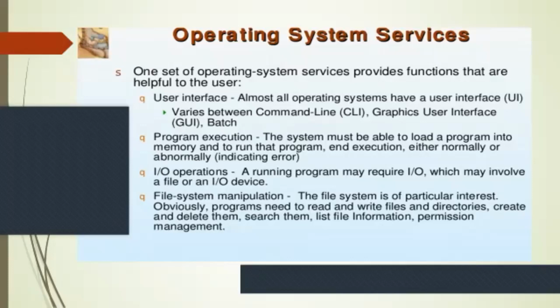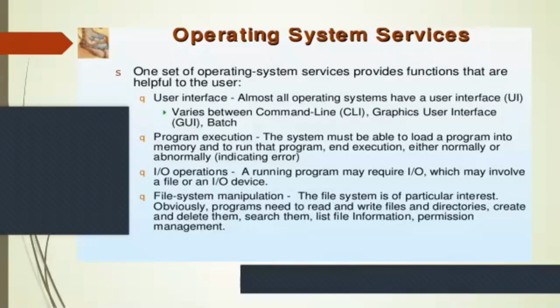I/O operations: a running program may require input-output, which may involve a file or an I/O device. File system manipulation: the file system is of particular interest. Programs need to read and write files and directories, create and delete them, search them, list file information, and manage permissions.